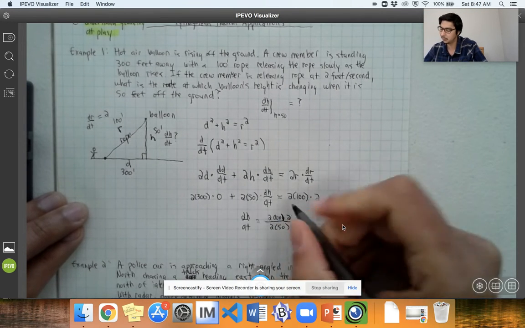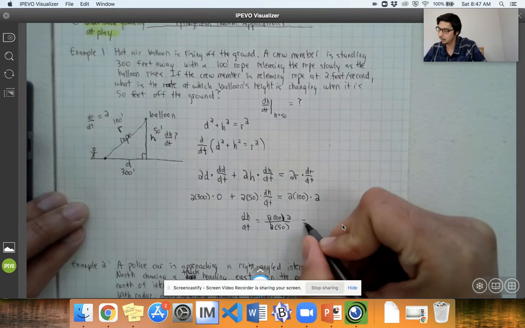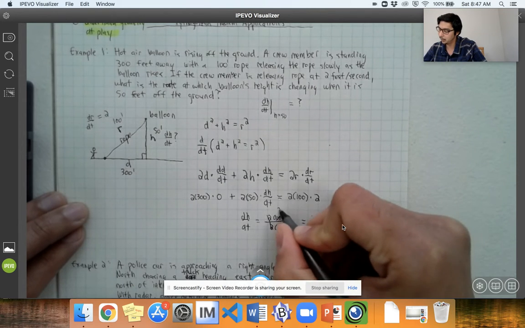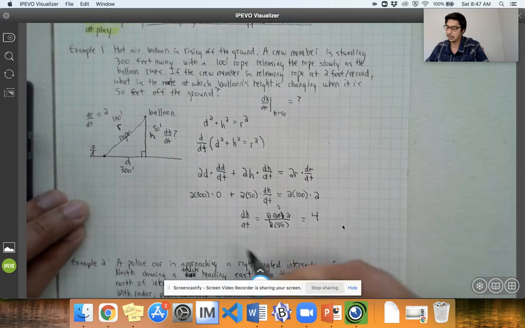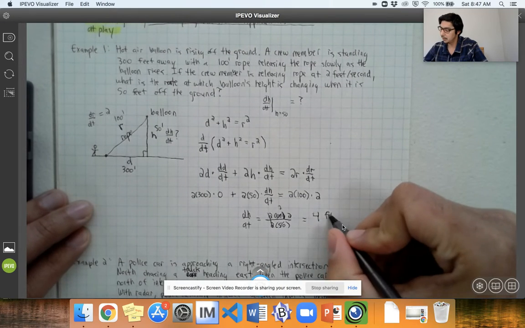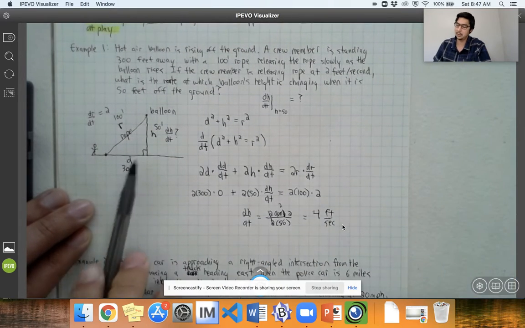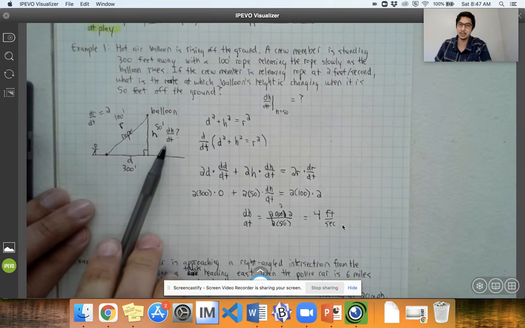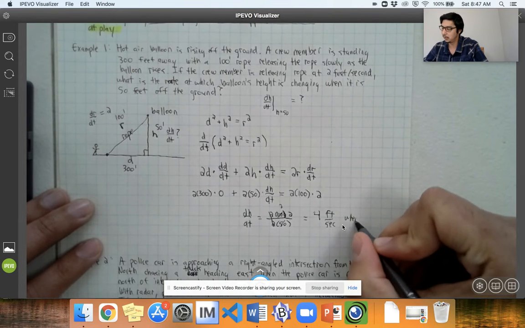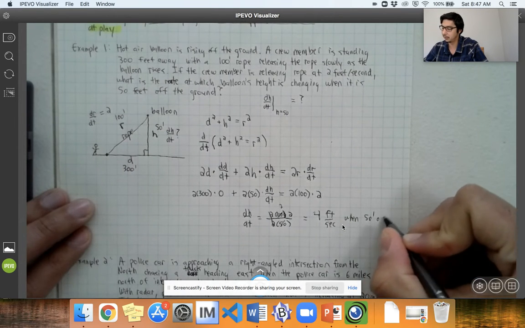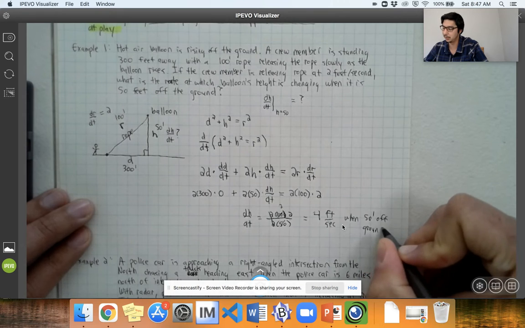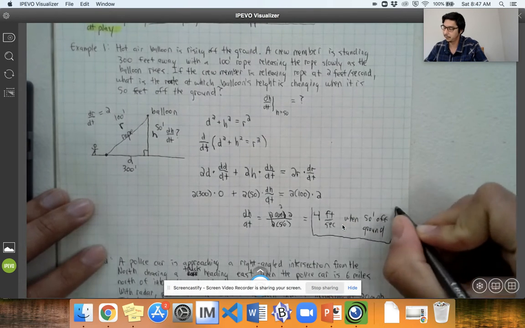If you divide that out, that would be 1 and that would be 2, so 4. So that means that the balloon's height is changing at 4 feet per second when the balloon is 50 feet off the ground. And that was us using related rates to solve this.